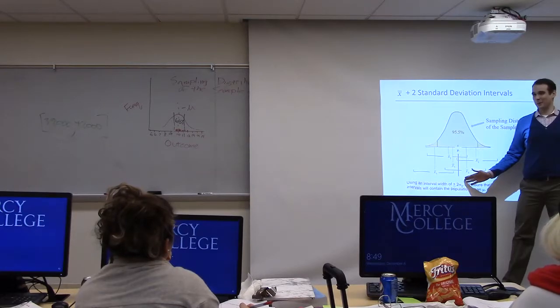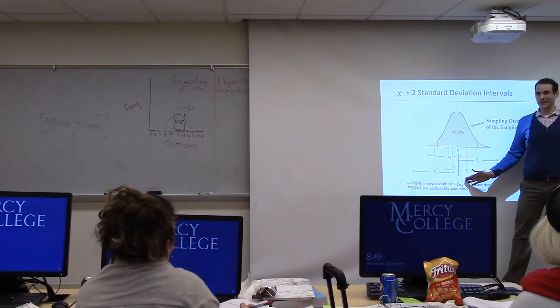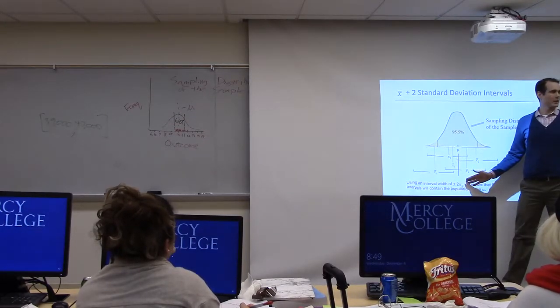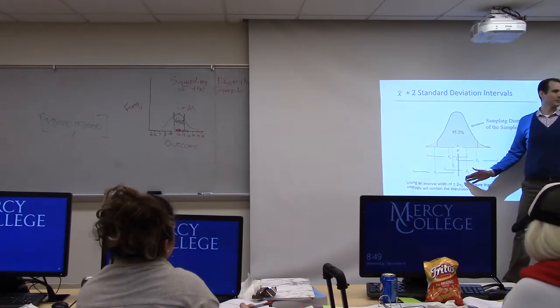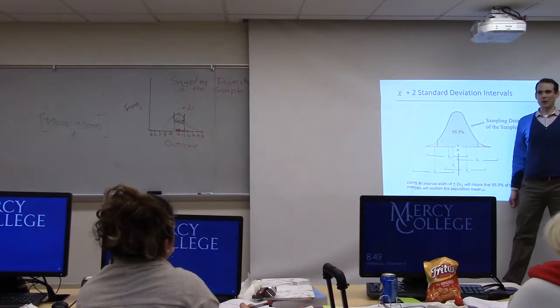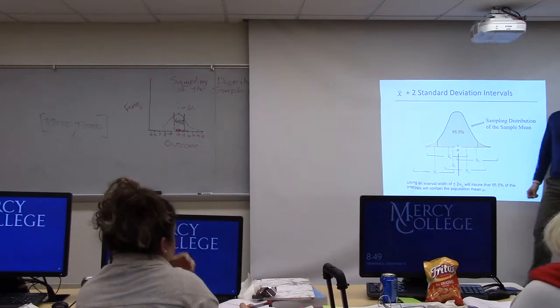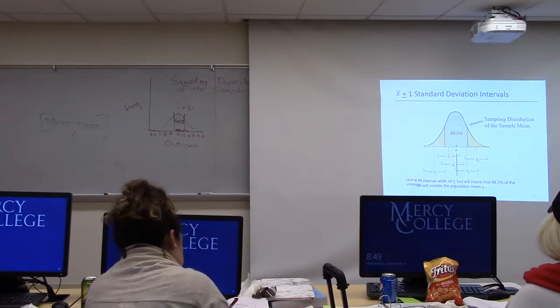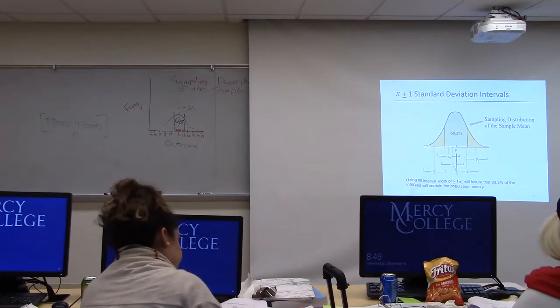Actually, it's 99.7%. So we would get it wrong 0.3% of the time if we went 3 standard deviations wide. This is just the same thought process if our confidence interval were 1 standard deviation.